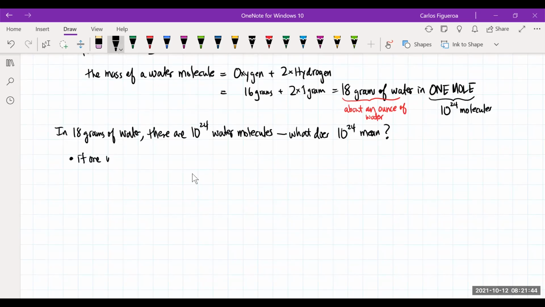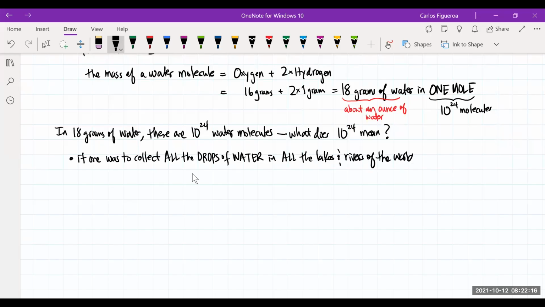If one was to collect all the drops of water in all the lakes and rivers of the world, 10 to the 24 is still larger.